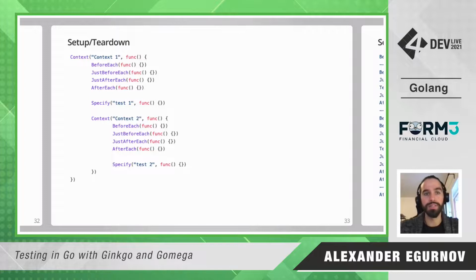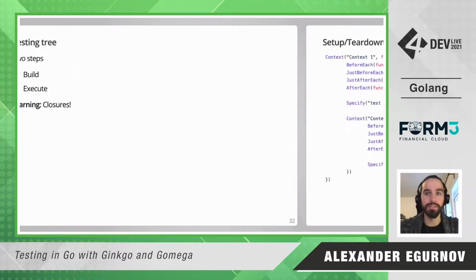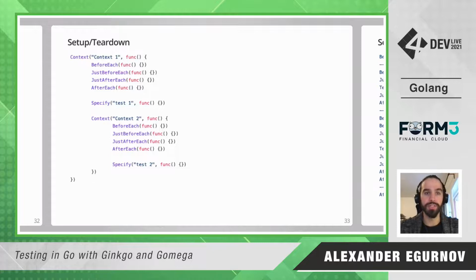In this example, you see there are two tests introduced with the function specify, and their contexts. These are the tree nodes which are living inside one another. With this setup, we have a full set of functions in the first context and a full set of functions in the second context.